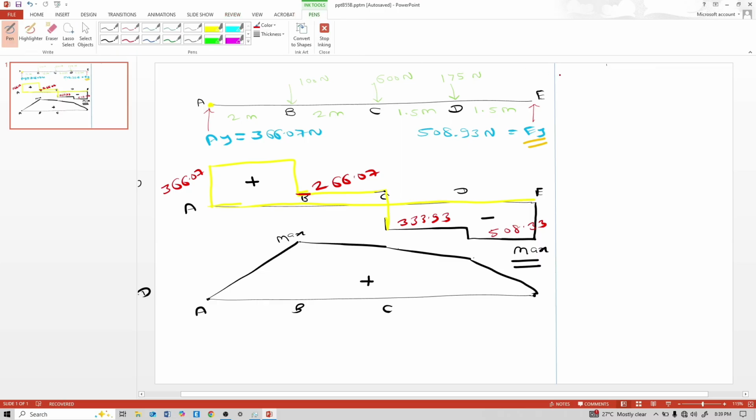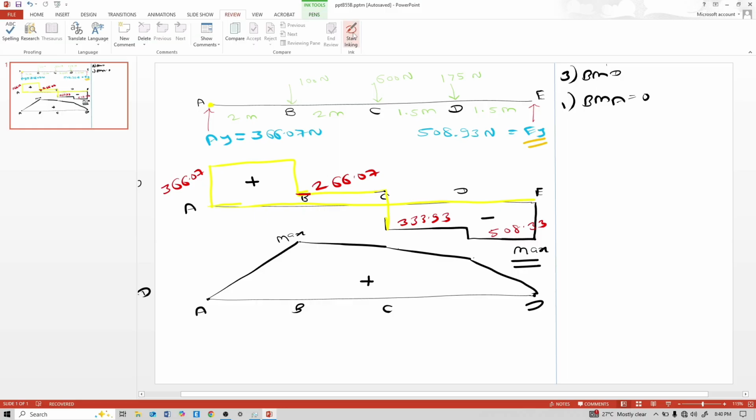So first, calculate bending moment at A. It is 0 because this is a simply supported beam.